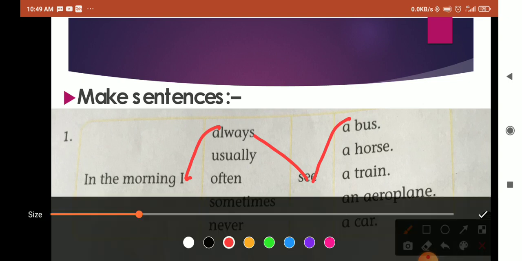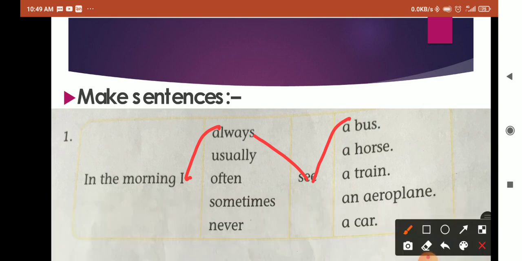And if I want to do the second sentence, in the morning I usually see a horse. Here always and usually are the mid position adverbs that enhance the verbs.